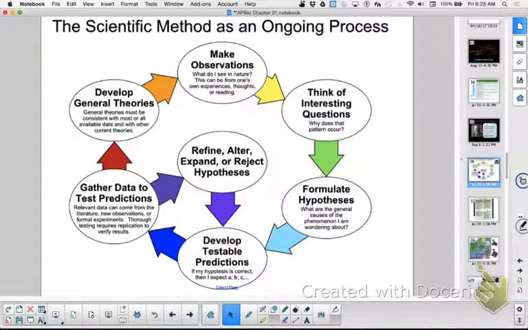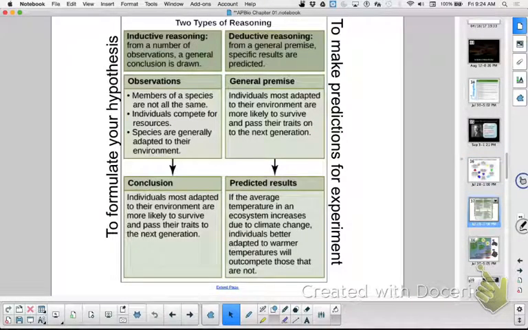At the top, it's talking about making observations and thinking about questions, formulating a hypothesis, coming up with an experiment, getting data, refining, trying another hypothesis, going again, and over time you could develop that theory.